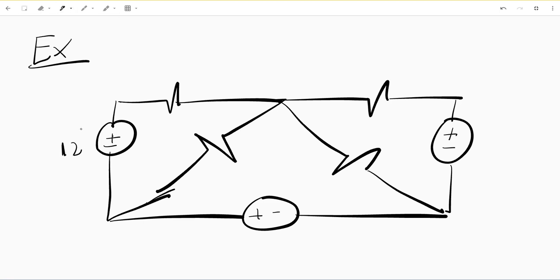Where if we give this as 12 volts, 5 volts, 1 volt, again, maybe ask yourself, what does this represent? Is this an AC source or a DC source?